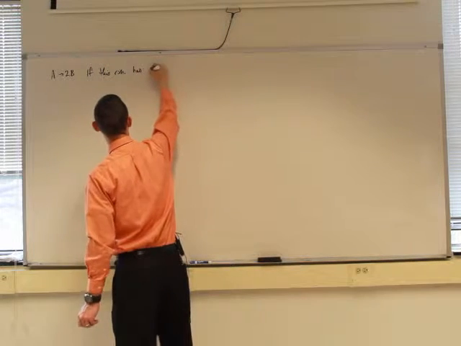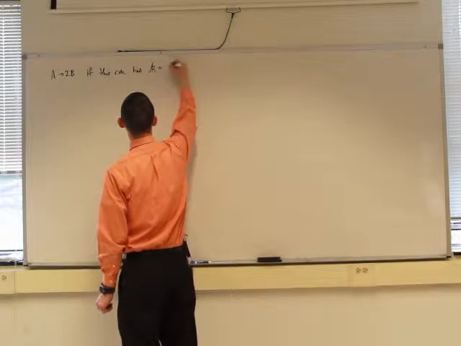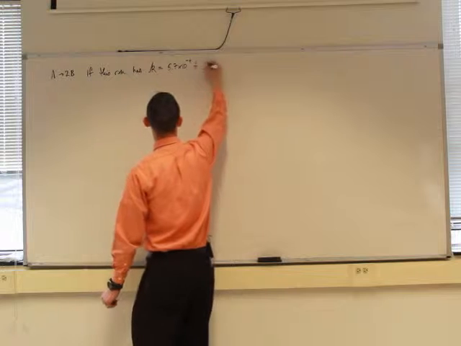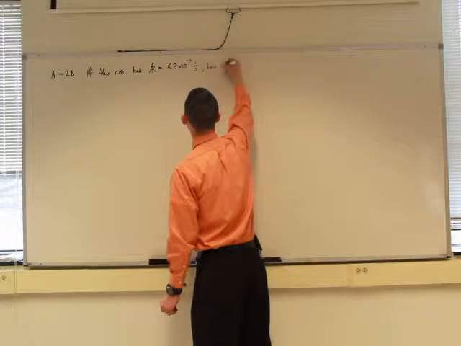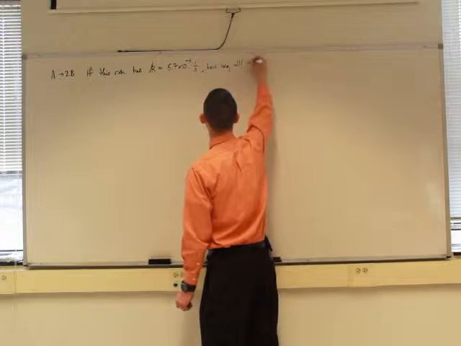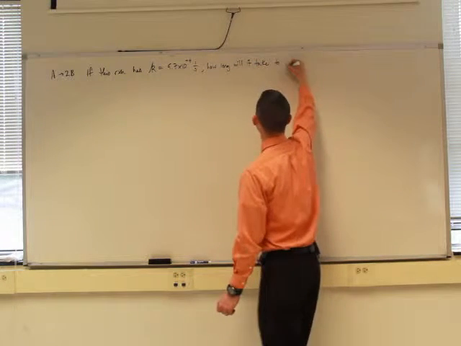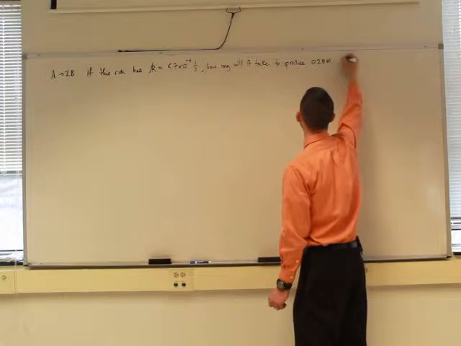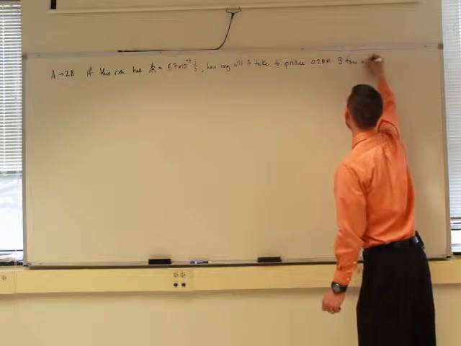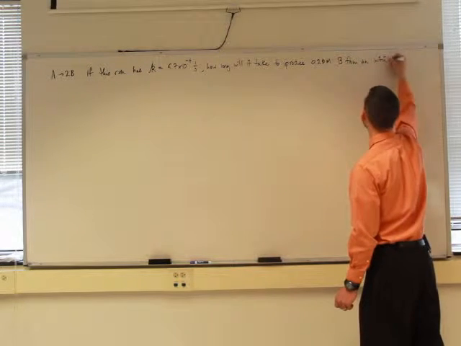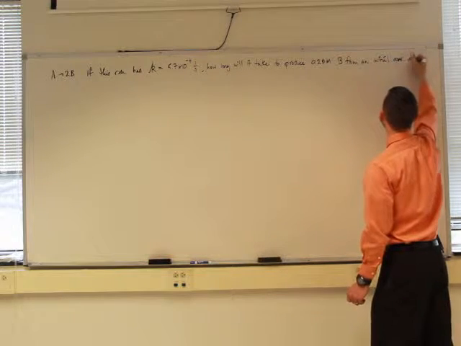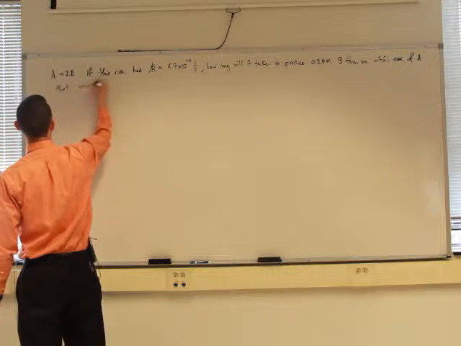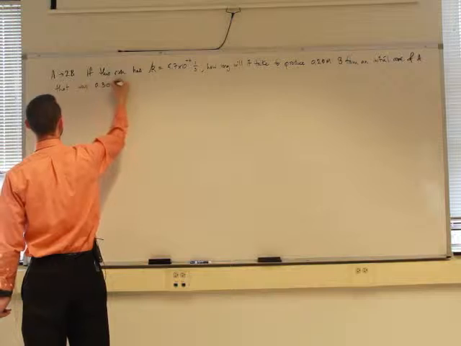If this reaction has k equals 5.7 times 10 to the minus 4, 1 over seconds, how long will it take to produce 0.20 molar B from an initial concentration of A that was 0.30 molar.